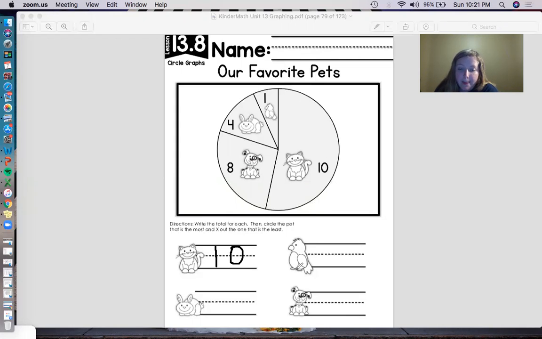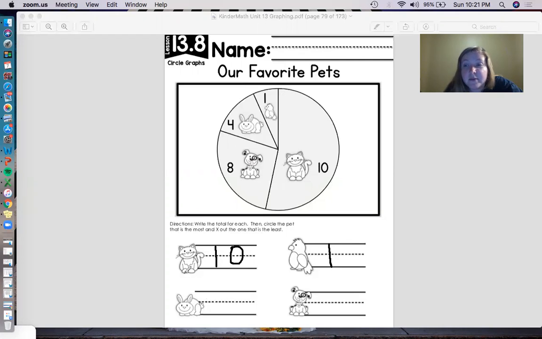All right, the bird. How many kids liked the bird? Well, let's look up at our circle graph. Let's see, bird, and there's a 1. So you need to write a 1 on the line. Okay, next we have a bunny.